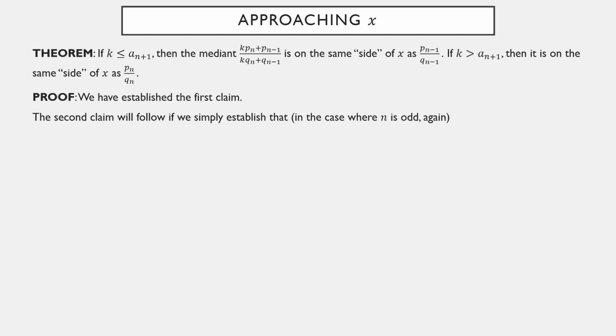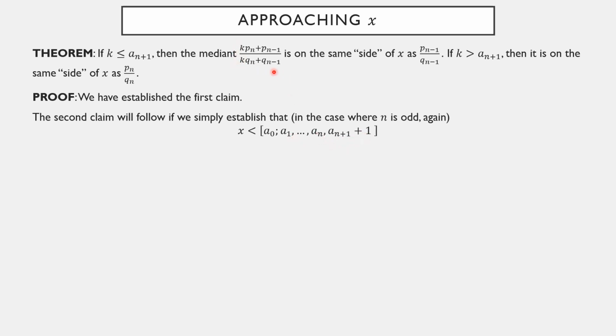The second claim will follow if we just establish, again, we're just going to keep assuming n is odd, that if I were to pick this value, 1 larger than a_{n+1}, observe that if I need to compute this number, up to this point we would get p_n over q_n, and then you would get (a_{n+1}+1)p_n + p_{n-1} over (a_{n+1}+1)q_n + q_{n-1}.